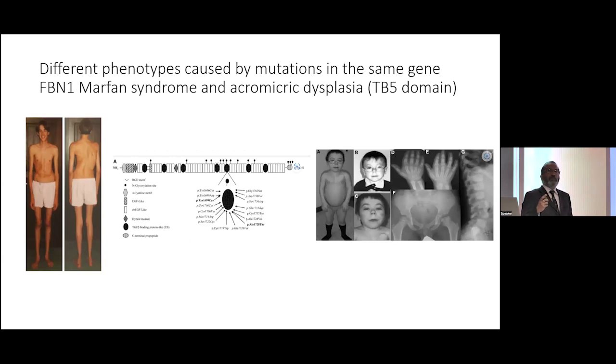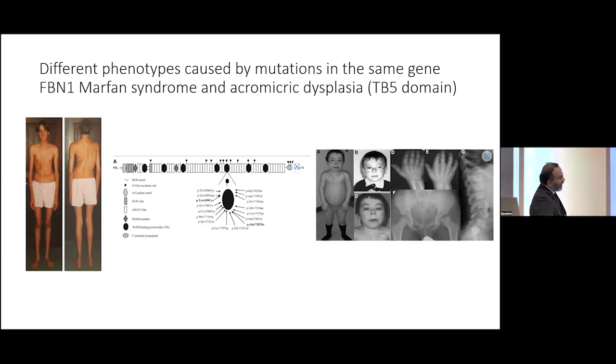Just a few examples of different phenotypes caused by mutations in the same gene. Marfan syndrome is typically associated with tall stature, long digits, and scoliosis, and it's due to mutations in the FBN1 gene.